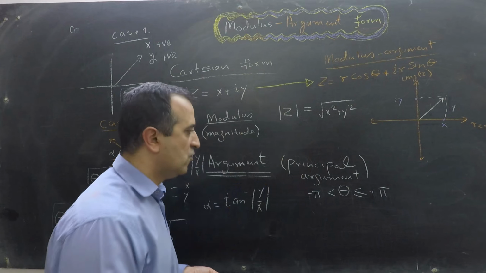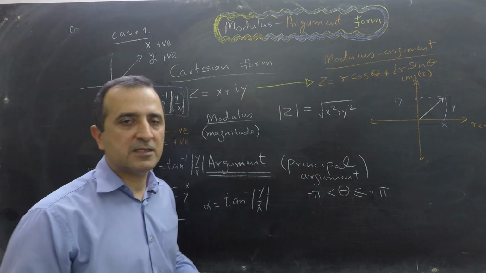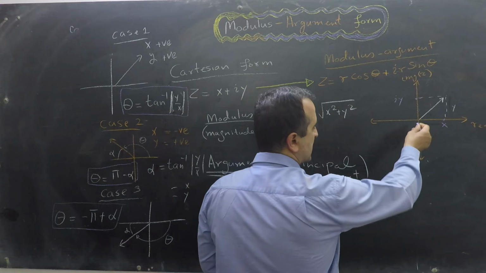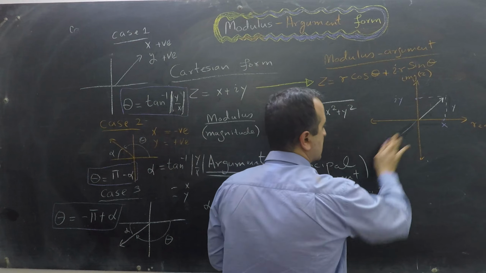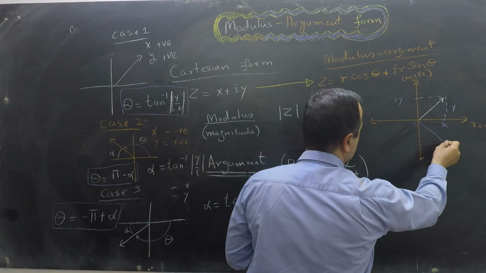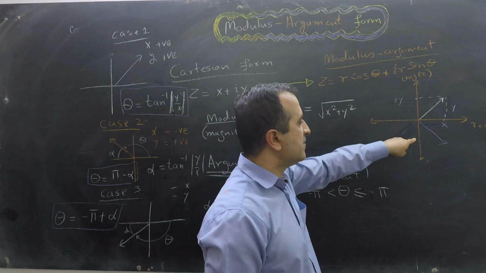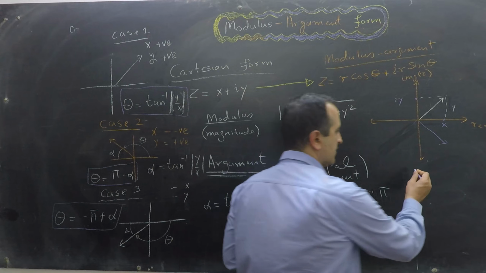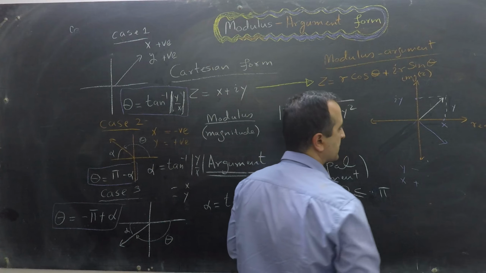Now my fourth case is that the position vector is in the fourth quadrant. So my position vector is here. In this case, my y is negative, but my x is positive.